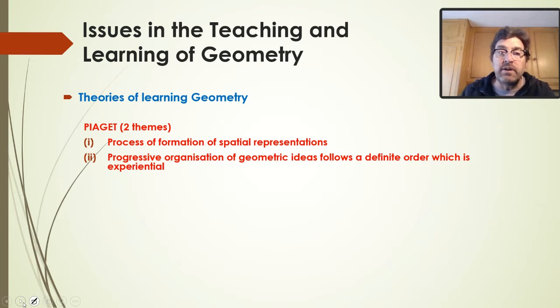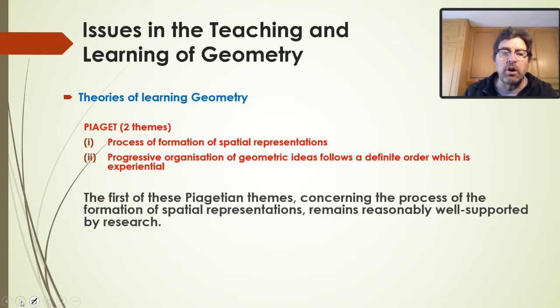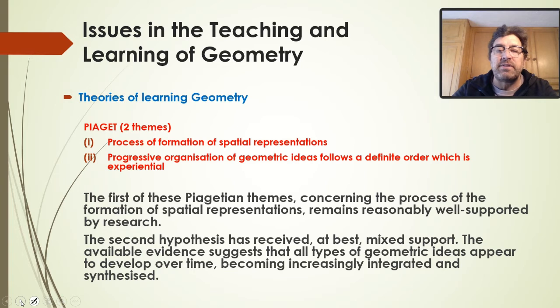Two very big contributions from Piaget, those two themes related to the learning of geometry. The first of these Piagetian themes, concerning the process of information and spatial representations, remains reasonably well supported by research. It is the second hypothesis that, at best, received mixed support.